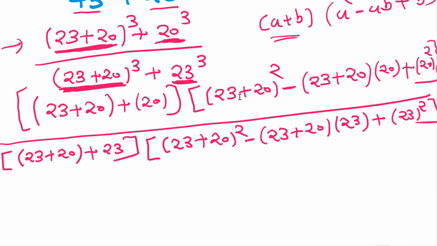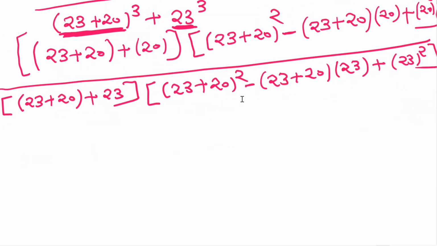Now, on the top, if I add 20 plus 20, which is 40, 40 plus 23, so 50, 60, and 63. So 20, 20, 20, which is 60, and 3 more, so 63. The top will be 63.